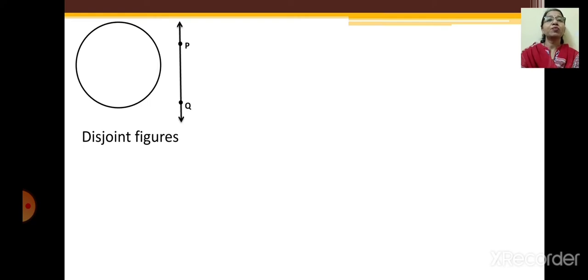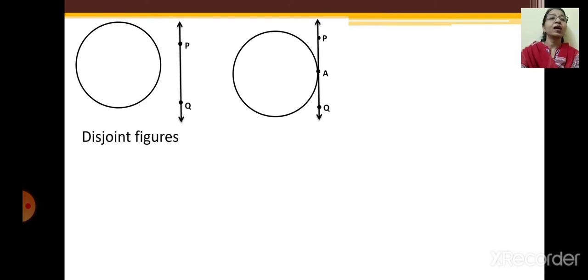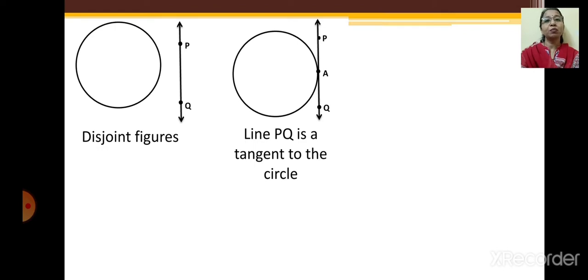Now let me move this line PQ slightly towards the circle such that it touches the circle, say at point A. So now this line PQ and the circle have one point common, and which is that point? Point A. So now the same line PQ has become a tangent to the circle, right?